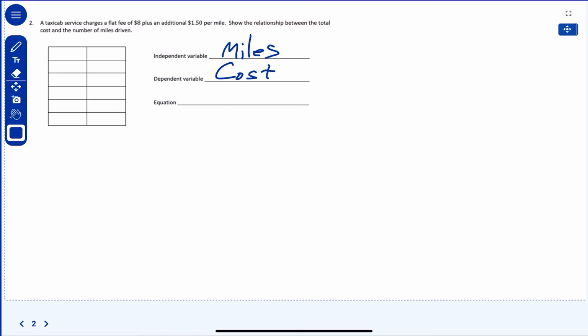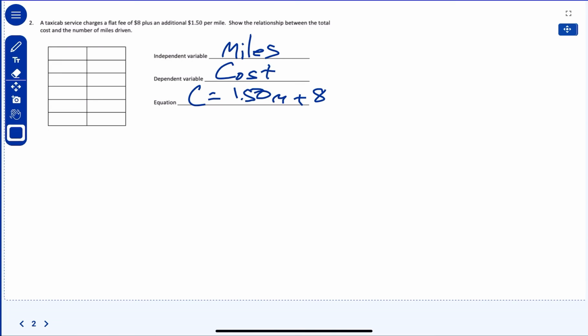Okay? So now what is our equation going to be? C, because we're looking for the dependent variable, equals $1.50 times M plus the fee of $8.